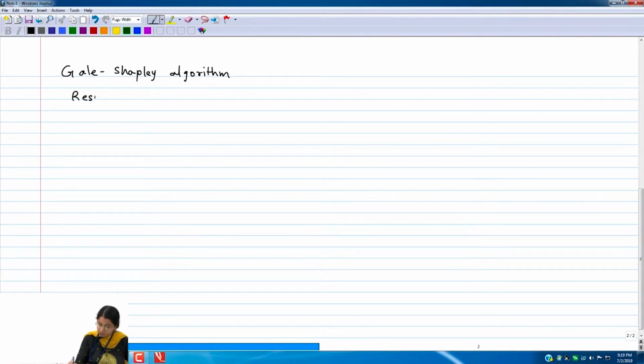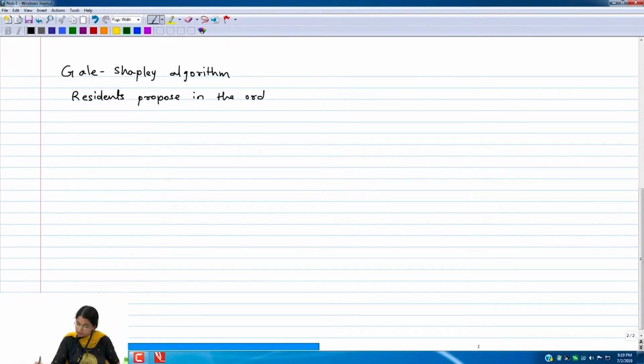So here residents propose in the order of their preferences, and hospitals accept if either they have a vacancy.